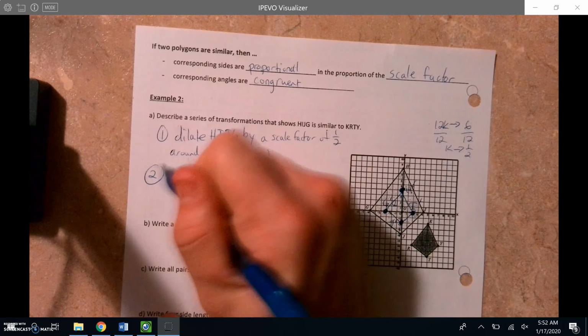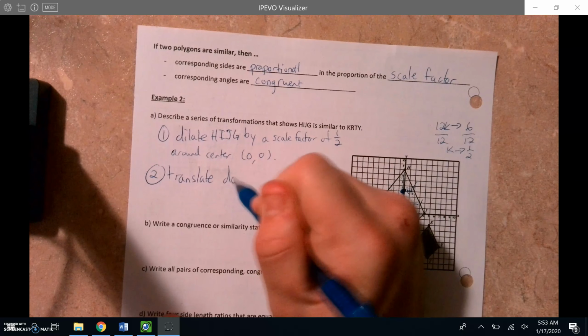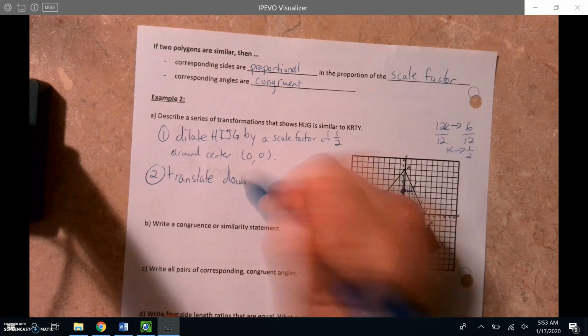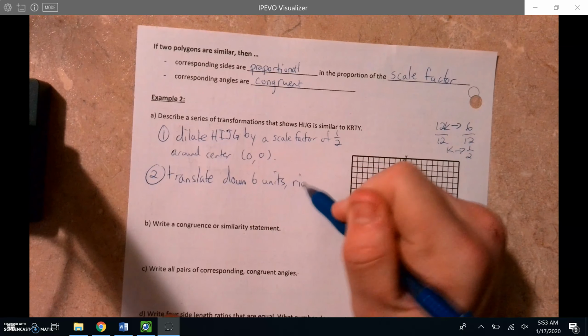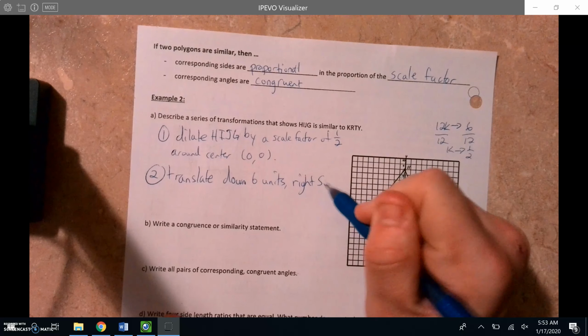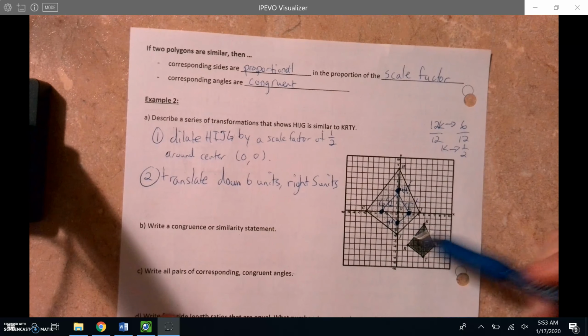So we're going to translate down 6 units, right 5 units.